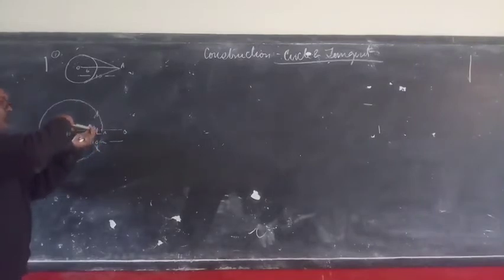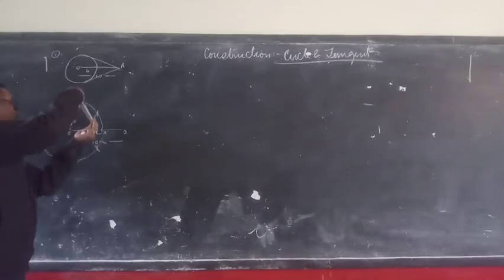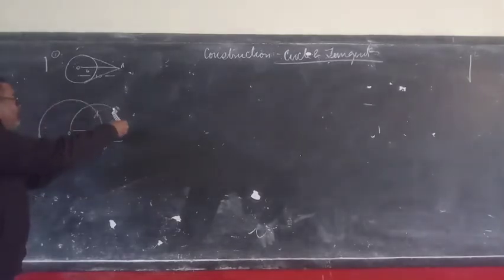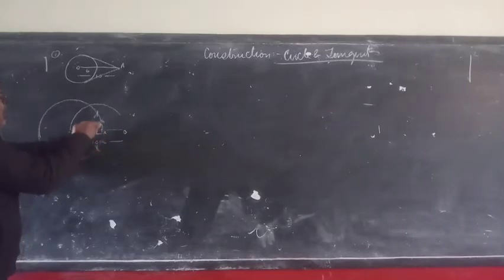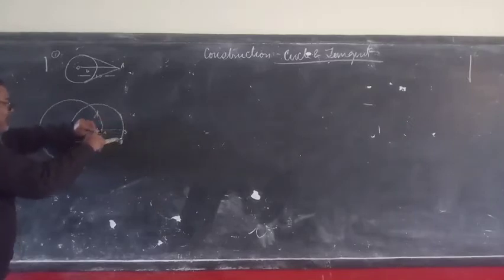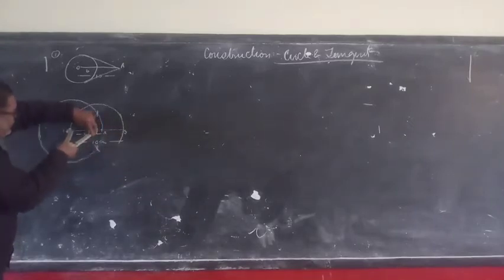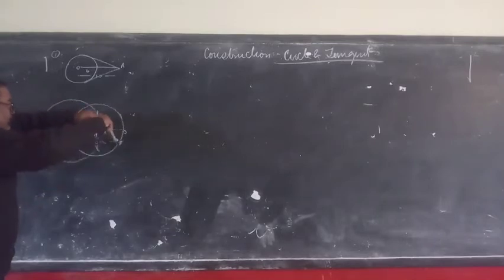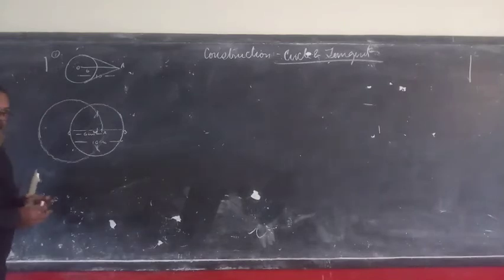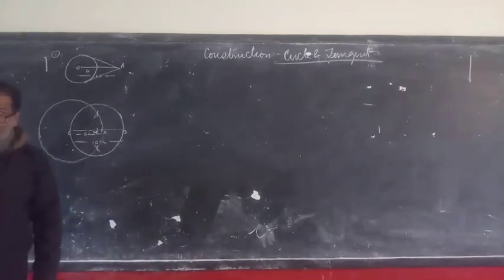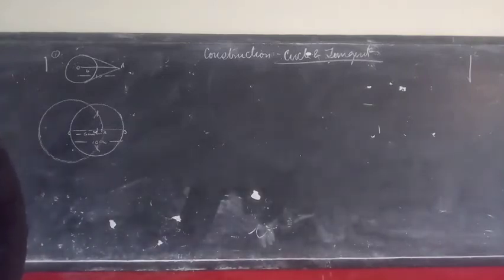Take the radius equal to OA and OB and draw one more circle that will pass through O and B. You will find that the second circle will intersect the first circle at two different points.